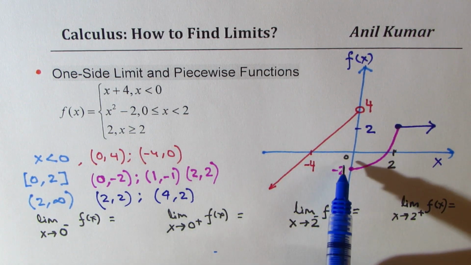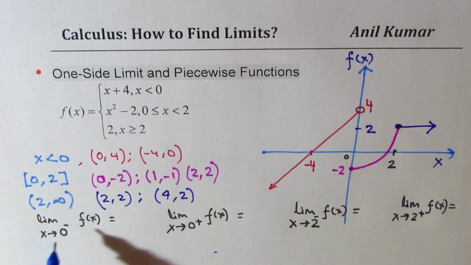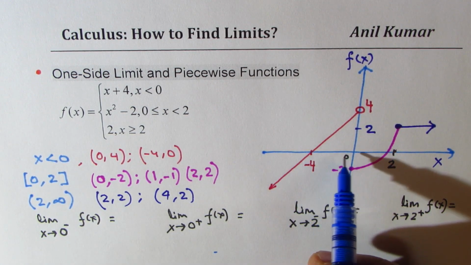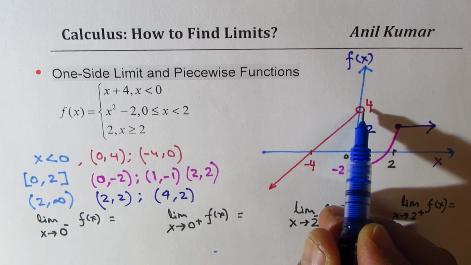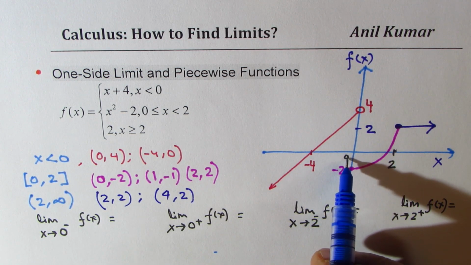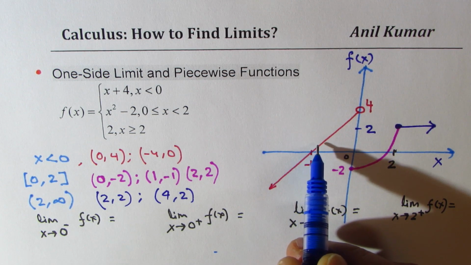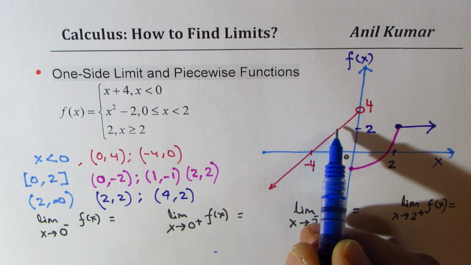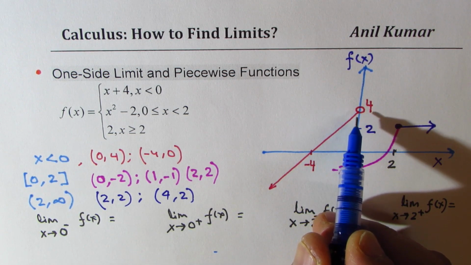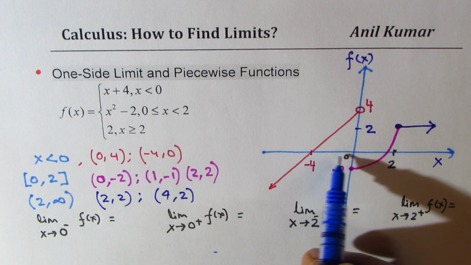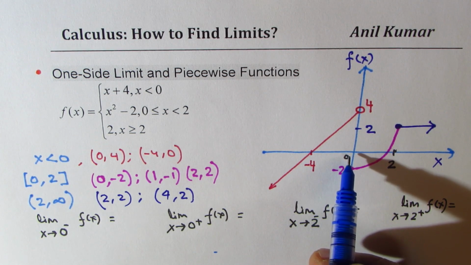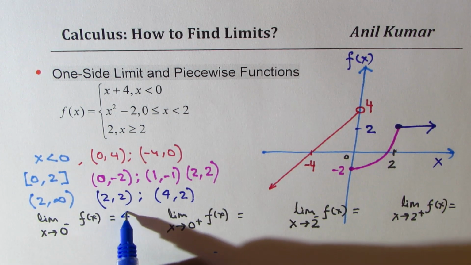So when you are approaching 0 from left side, means this side, you are on that part of the graph and you approach the value 4. You get this? So when you approach 0 from the left side, you hit the straight line, and what you land at is 4. When you're arbitrarily close to 4, when you're sufficiently approaching 0 from the left side, that's how we'll see it, it is 4.